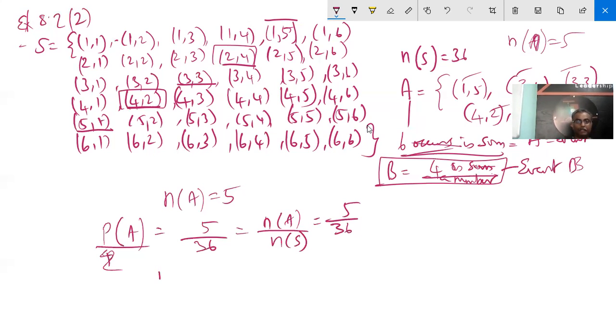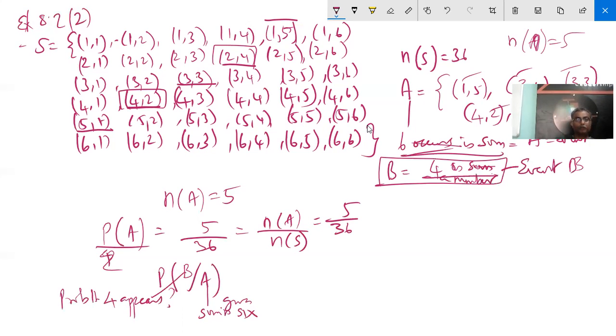Given that event A has happened, what is the probability that event B will occur? Given that the sum is 6, what is the probability that 4 appears? You understand? What are we finding? Probability that 4 appears, given that 6 has already appeared.